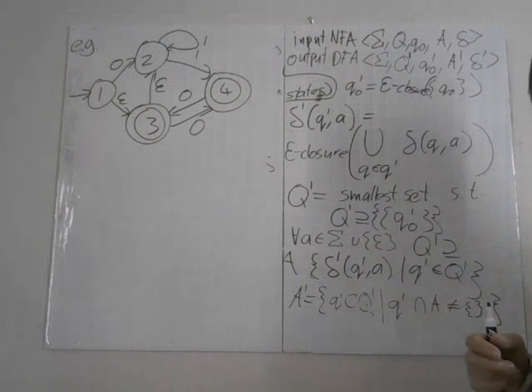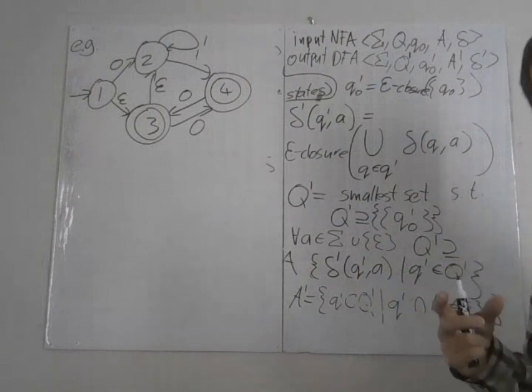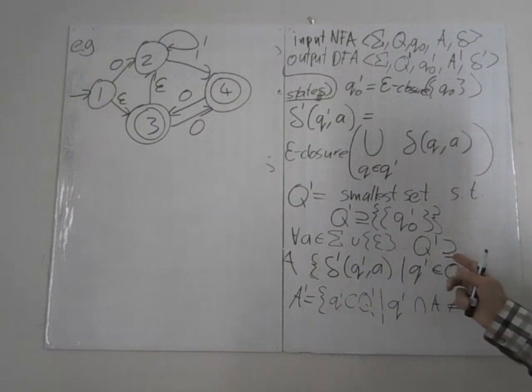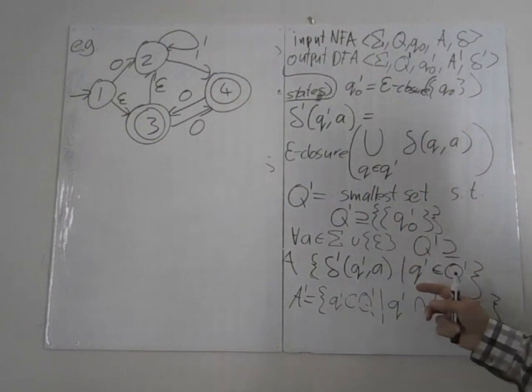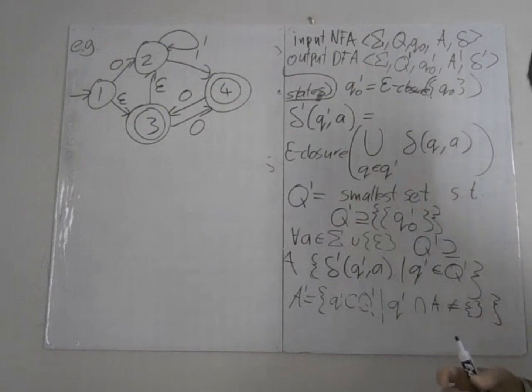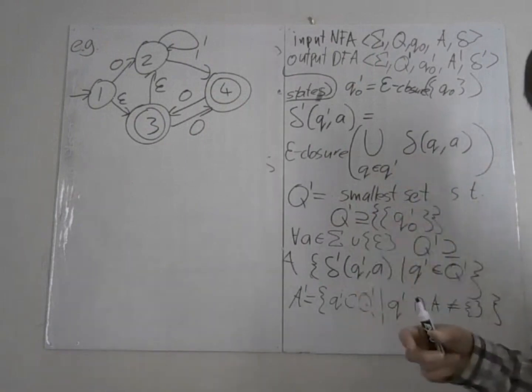The idea for implementing this Q prime, if you're going to implement it in your compiler, is to keep a work list data structure that keeps track of all the newly added sets of states in Q prime that you haven't processed yet.